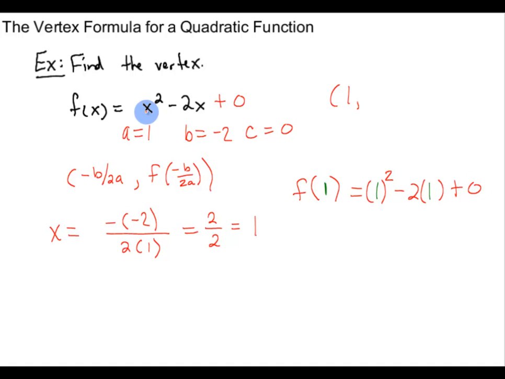Everywhere I saw an x, I replaced it with a 1. So f of 1 is 1 minus 2, which is negative 1. So the vertex of this parabola, of this quadratic function, is (1, negative 1).